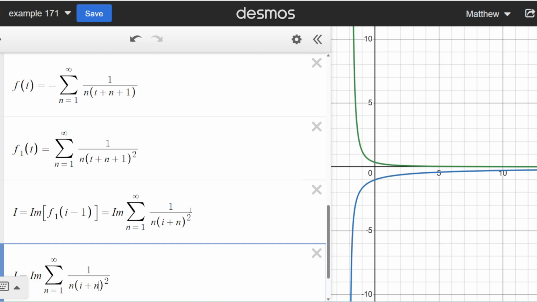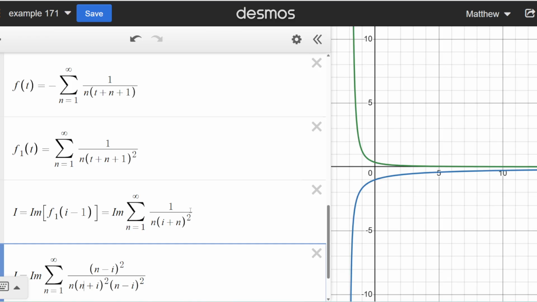Now what we're going to do, let's make this an n plus i, and then multiply upstairs and downstairs by n minus i squared.